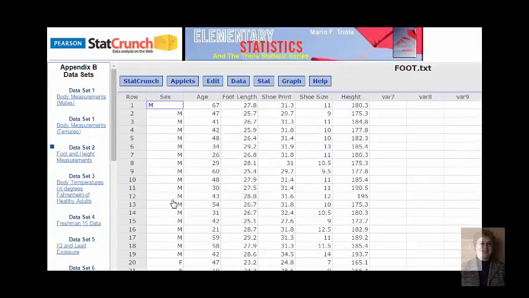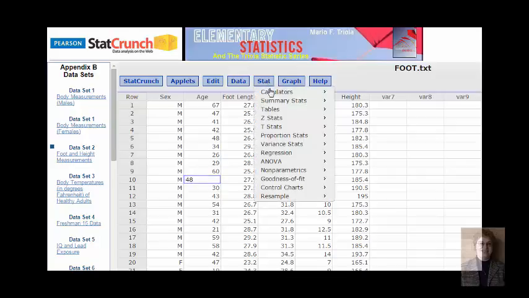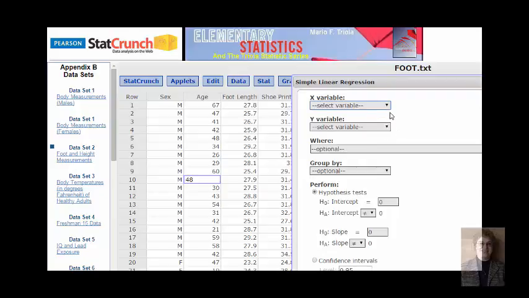So let's go ahead and let's look at how to do predictions. This is the data set 2 from the back of your textbook, and we're going to look at shoe print length and height, and we're going to do it for all 40 of these individuals. And so let's go ahead and we'll do stat, regression, simple linear. My x variable is going to be shoe print.